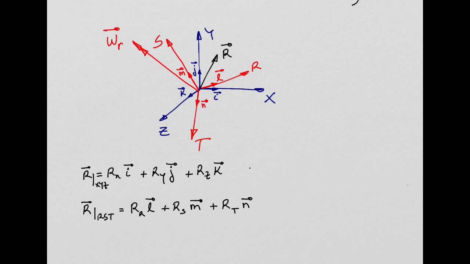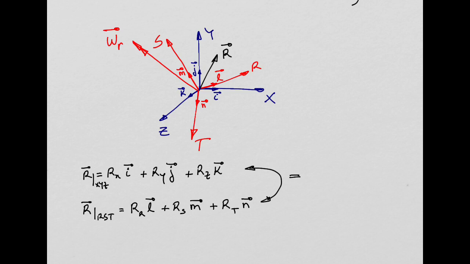So either this or this is exactly the same vector, isn't it? This is the same vector R you have here in black. The vector didn't change. I didn't change the direction of vector R in space. I didn't change the magnitude. It's exactly the same vector. The only thing that changes is the components of the vector, depending on which coordinate system you are using to describe it.